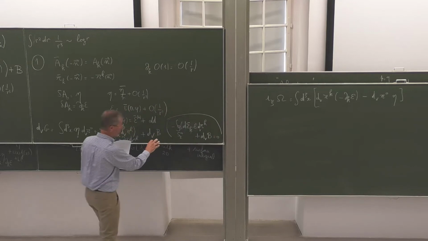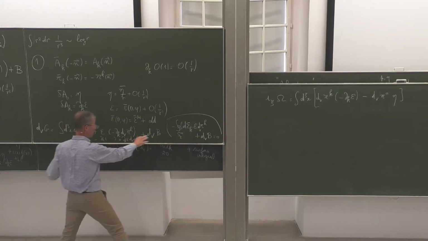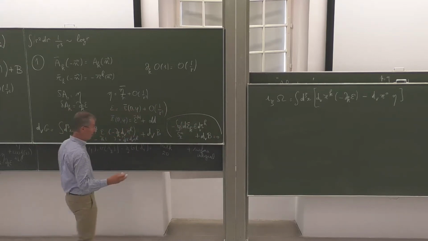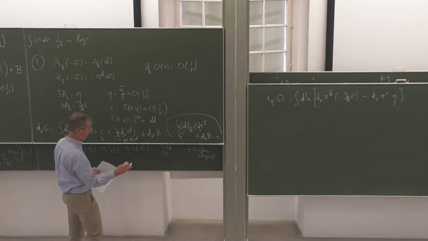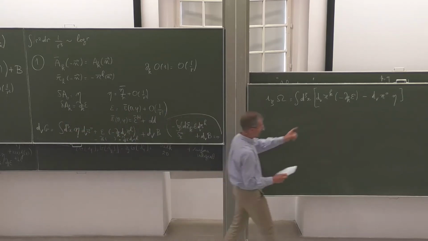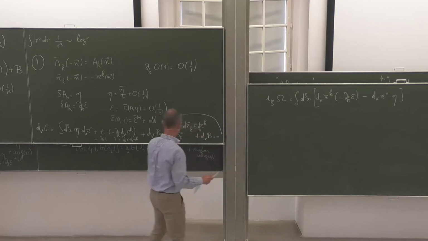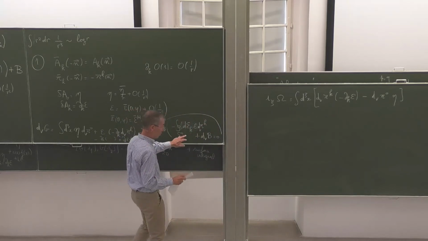So I should have a strict equality between this and that, not an equality up to a surface term, which means that since there is no surface term here, I should have no surface term here, and everything then will fit, okay?